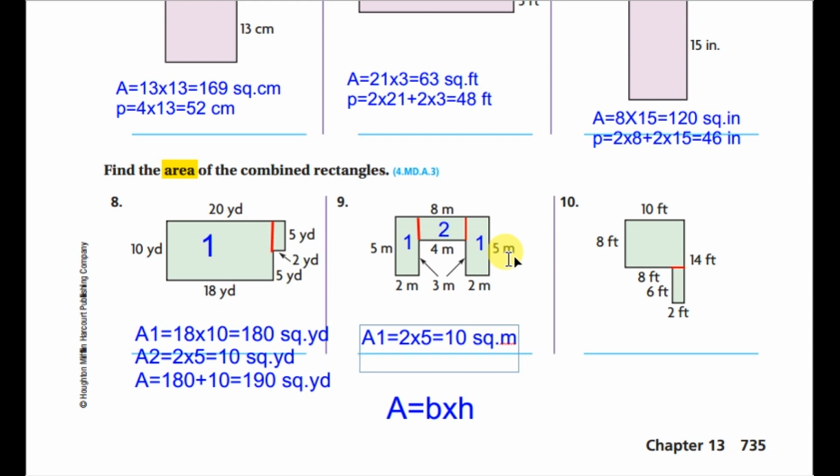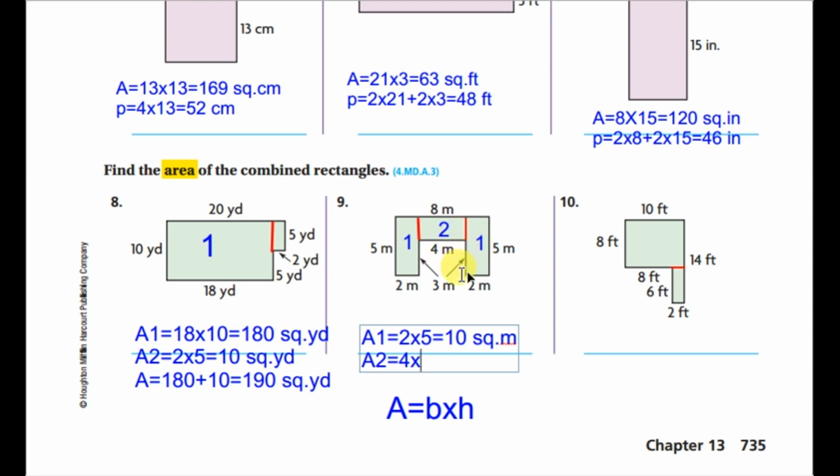Area 2. And don't forget, we have area 1 here and area 1 here, so I have 2 tenths. Area 2, the base here is 4. And the height, what about the height? Is it written? It's not written, but what's written is the small height here is 3.